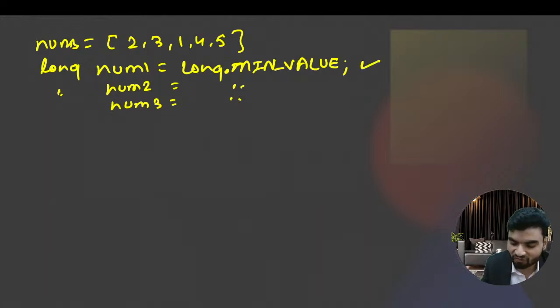Because if we have a very, very small value, even if we get something greater than this, we can update it. So whenever you want to get something maximum, always assign the minimum possible value.